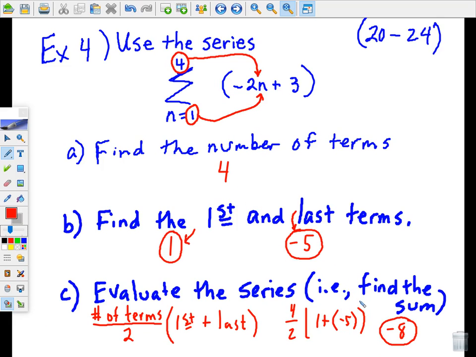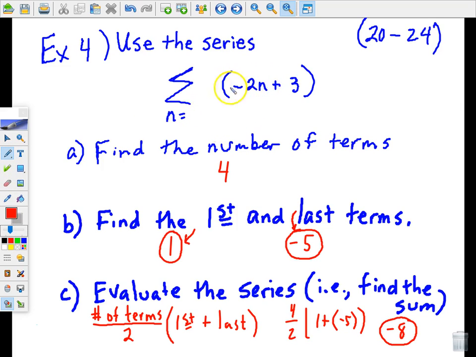So let me just give you a word of caution that this tends to give people a little bit of trouble. I'm going to change this problem just a little bit, and I think one of your homework problems will deal with this, and you'll see it also on your test.